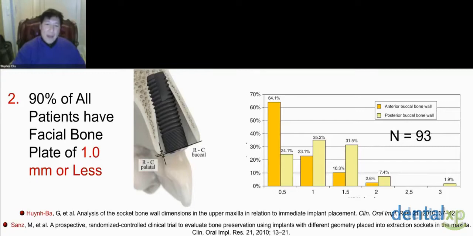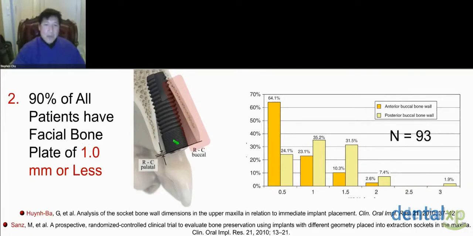They found that in 90% of the patients, the buccal plate thickness was roughly 1 millimeter or less. Basically 9 out of 10 patients had a buccal plate thickness of 1 millimeter or less. And that's a scary number.